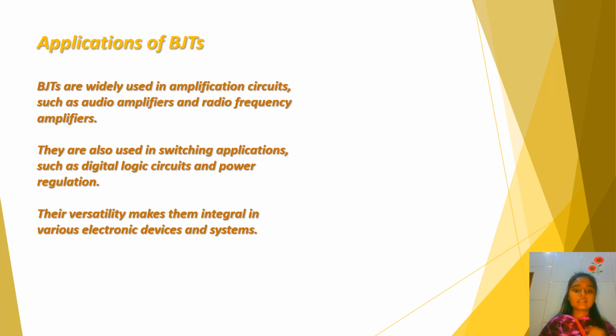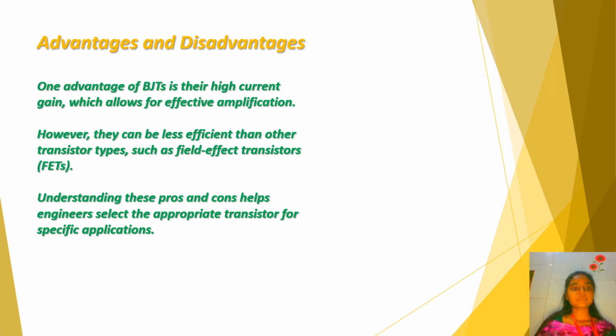In switching, electronic switches and digital logic circuits use the saturation region. Other applications include temperature sensors, converters, oscillators, detection circuits, demodulators, and modulators. BJTs are widely used in amplification circuits such as radio amplifiers and radio frequency amplifiers. Their versatility makes them integral in various electronic devices and systems.